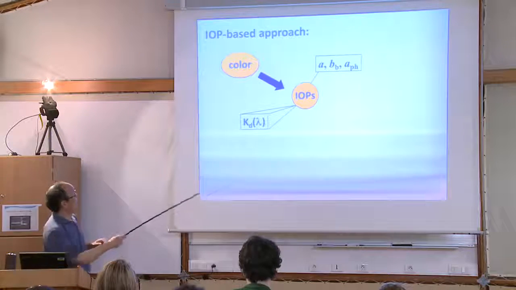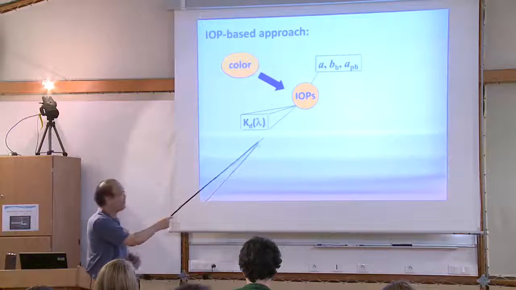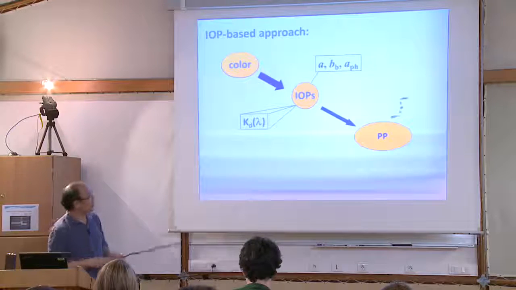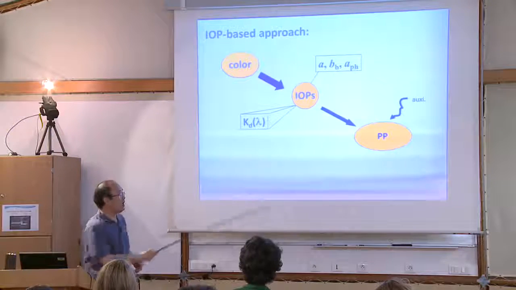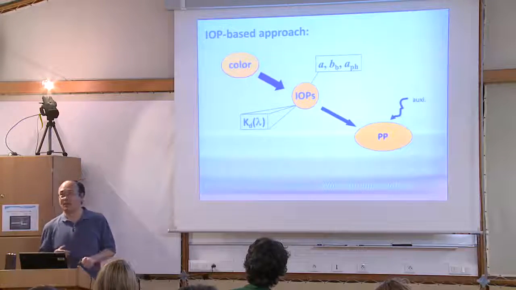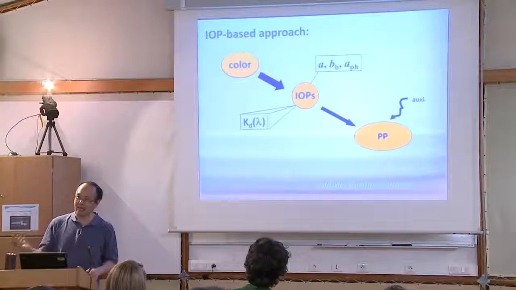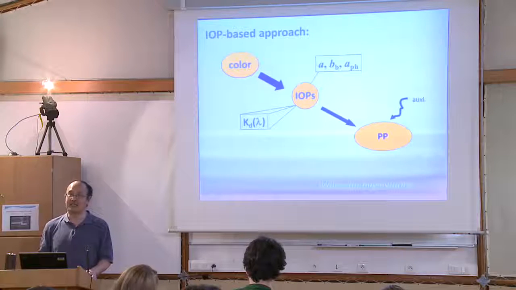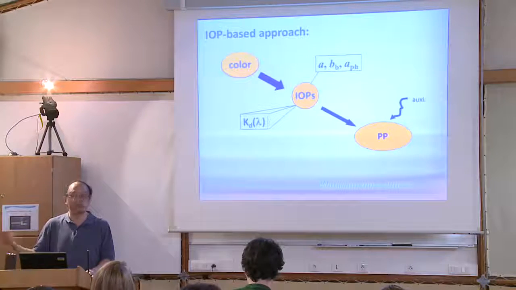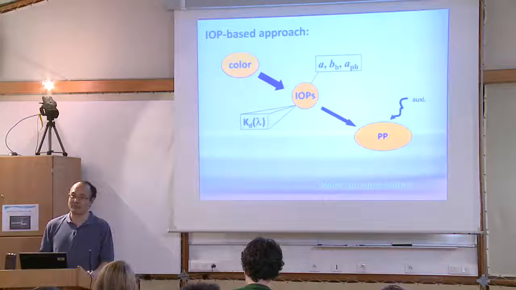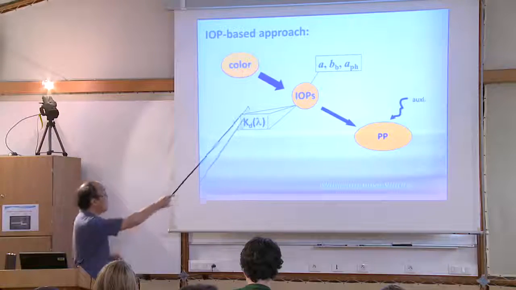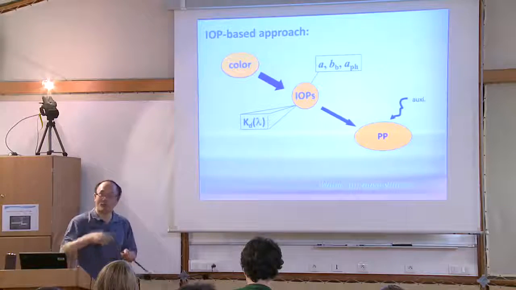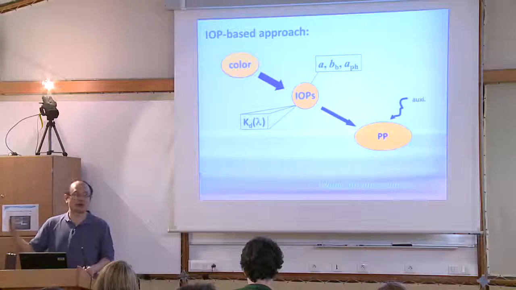From these, we can get a KD, and we can get primary production after we know those auxiliary information, such as photosynthesis parameters, such as light at different depths. If we have information on nutrients, then we'll do a better job. So from IOPs, we can do all the things that chlorophyll supposedly did.